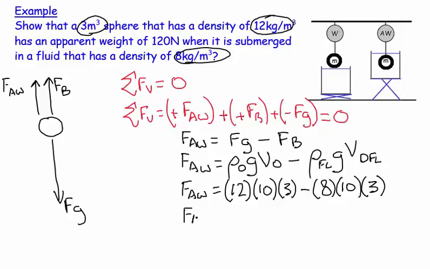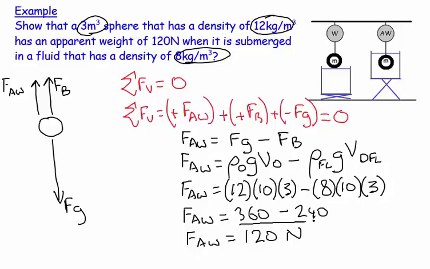So my apparent weight is equal to 3 12s of 36, that's 360, minus 3 8s of 24, that's 240. So my apparent weight is equal to 360 minus 240, that's 120 newtons. That's 120 newtons, and that's what we were supposed to show.